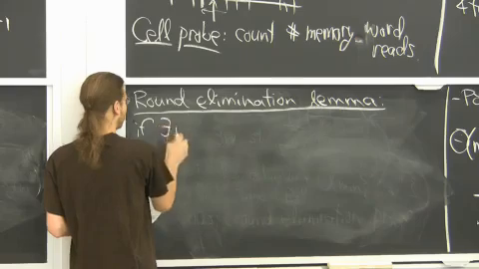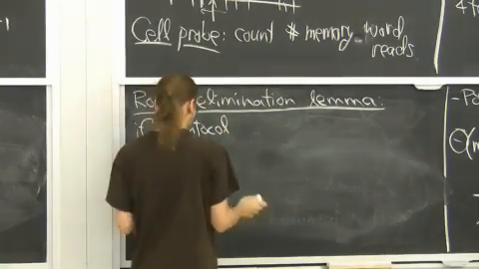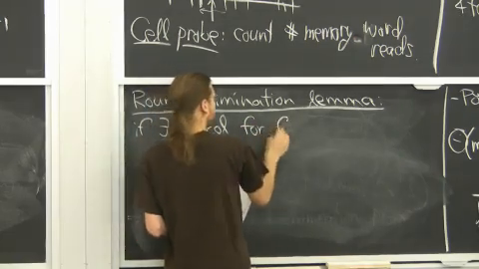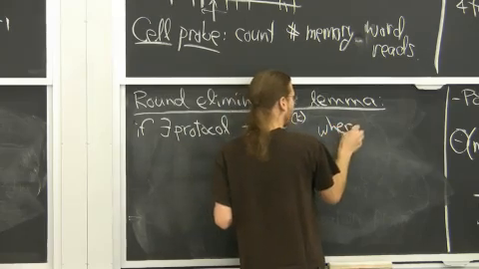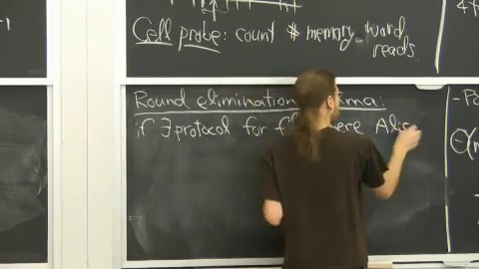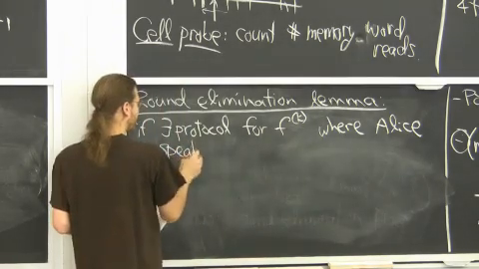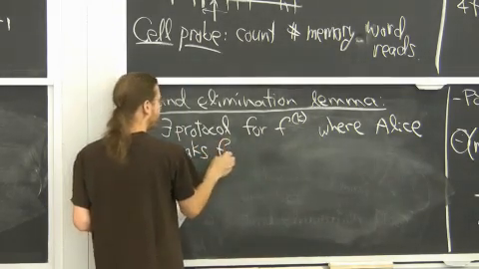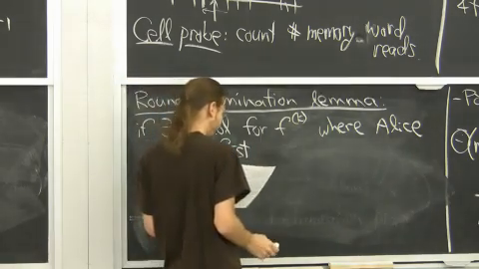Here's the round elimination lemma. This again works for any function f. So if there's a protocol for this f to the k problem, and Alice speaks first, then that first message is going to be roughly useless.